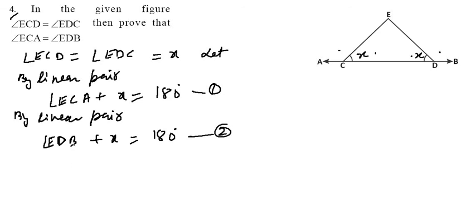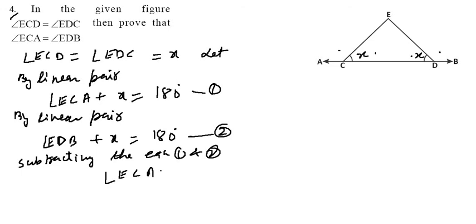Now subtract equation first and second. So angle ECA plus x is equal to 180 degrees and angle EDB plus x is equal to 180 degrees.